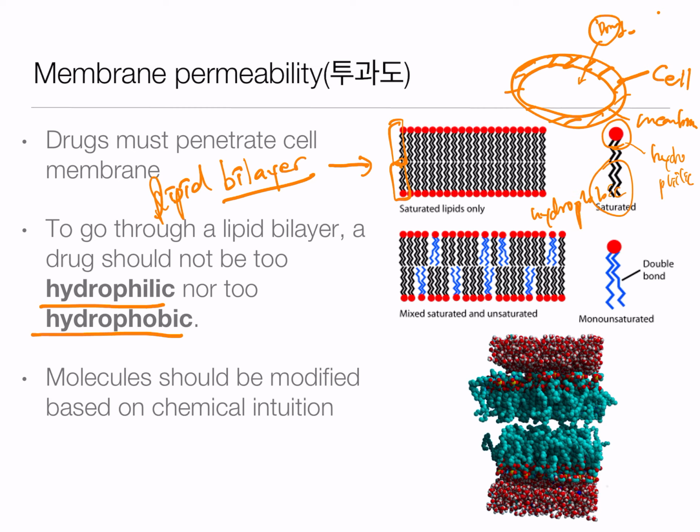So if a drug is too hydrophilic, then it will just stay outside or inside the cell and will not penetrate the cell membrane, okay? But if a drug is too hydrophobic, then it goes into the membrane and just stays inside, because hydrophobics like hydrophobics and hydrophilics like hydrophilics, okay?